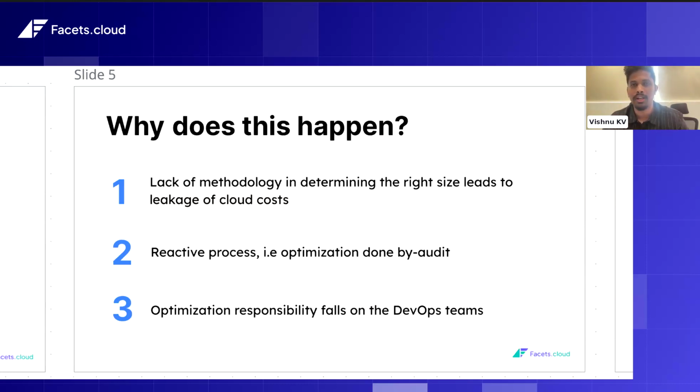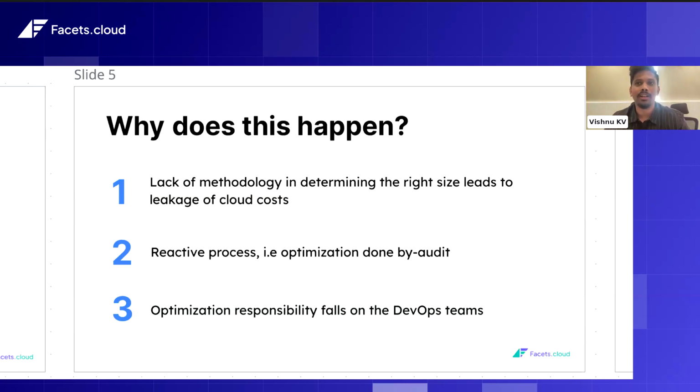They come up with an arbitrary number or random guesses, or even copy paste certain templates from the internet. Then when they go to production, or some audit happens saying that there's leakage and a spike in costs, it comes to the developers' attention that something went wrong.